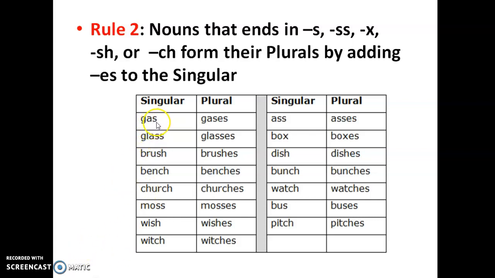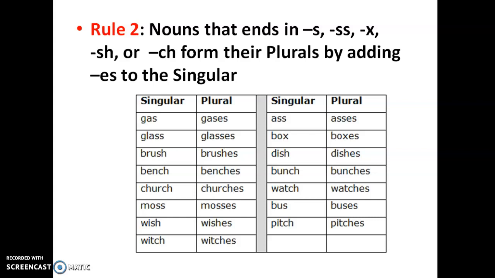The word is ending with S, so you will add ES to the plural. Okay, gases, how you will write? G-A-S-E-S. Okay, then next example glass, G-L-A-S-S. So when it ends with S-S, you have to add ES for the plural.